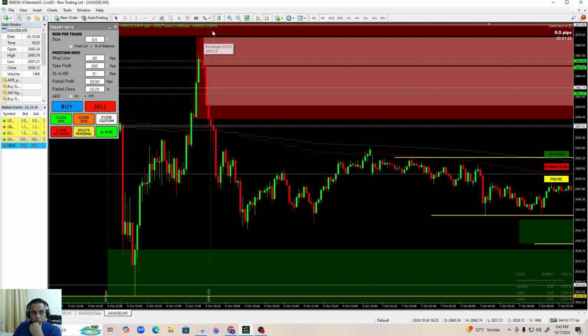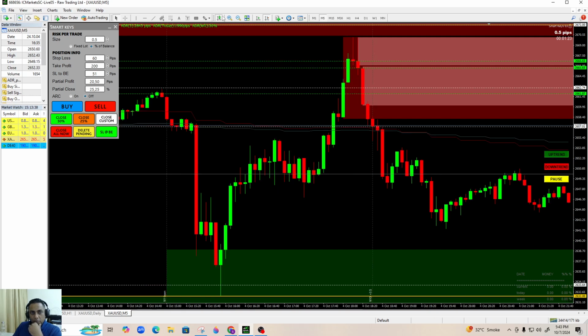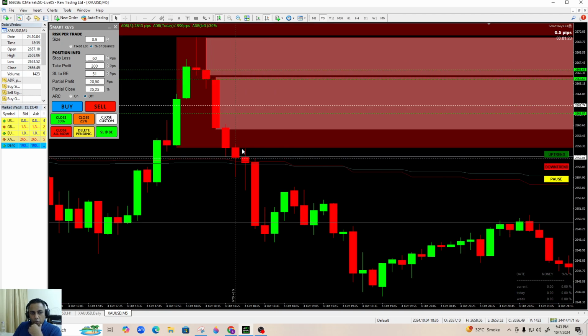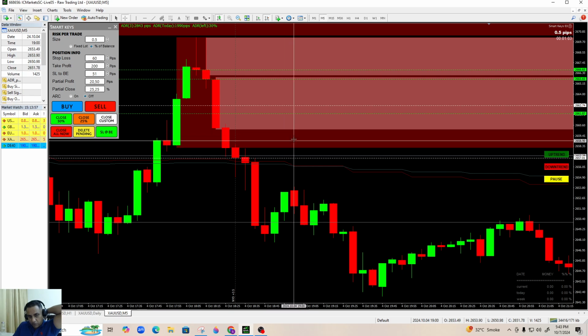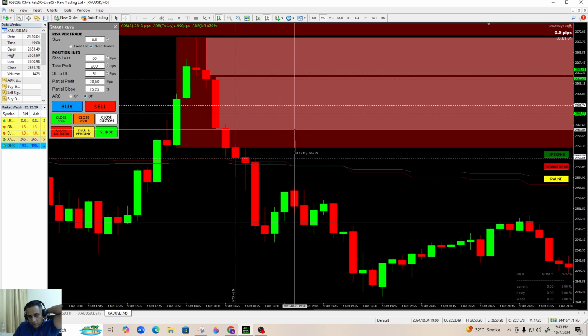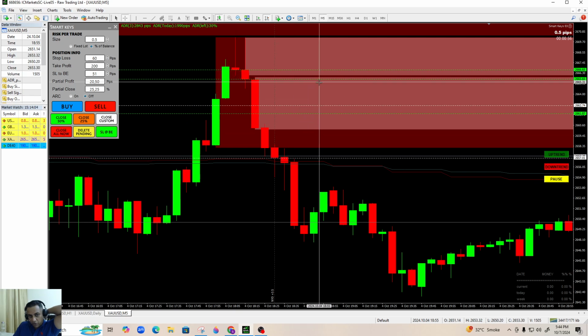Yeah. So that's the minimum area that I'm going to have to wait for price to come to, this candle. I'm not willing to take a trade anywhere below this, because if I take a trade anywhere here below this light red box, it's going to be a very big stop loss.